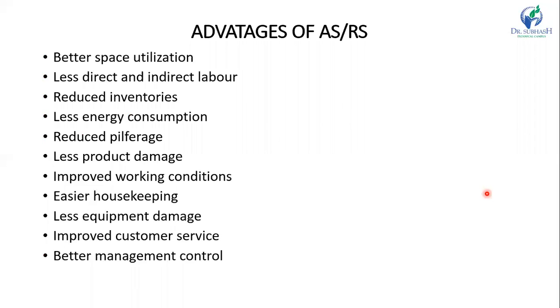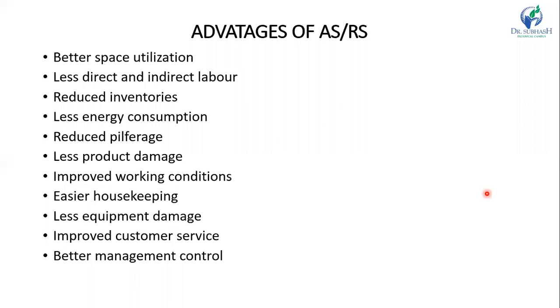Now the advantages of the automatic storage and retrieval system. Absolute inventory accountability is one of the most important benefits of an ASRS. By knowing exactly how much of what material is located where at any given moment, inventory reductions are quite common and higher reductions are frequently realized.